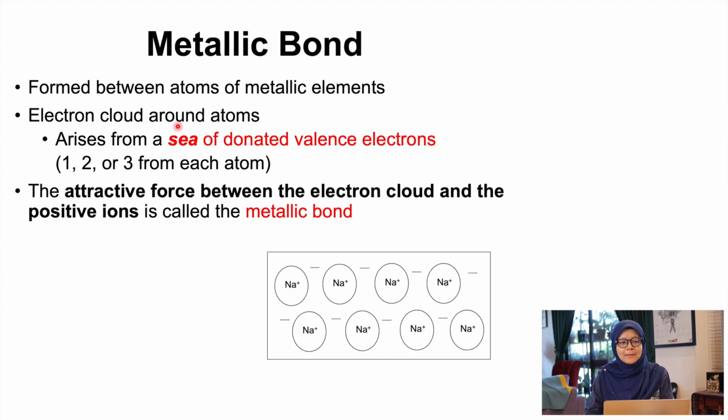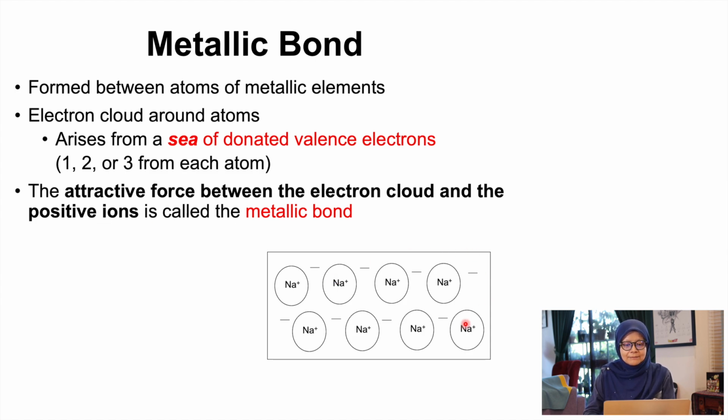A metallic bond is formed between atoms of metallic elements, and the electron cloud around the atoms arises from the sea of donated valence electrons. It could be 1, 2, or 3 from each atom. The attractive force between the electron cloud and the positive ions forms what we call a metallic bond.